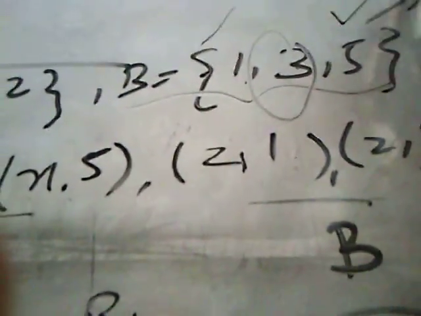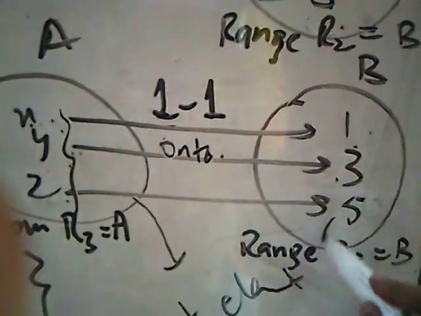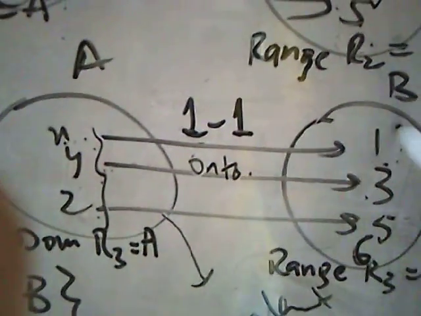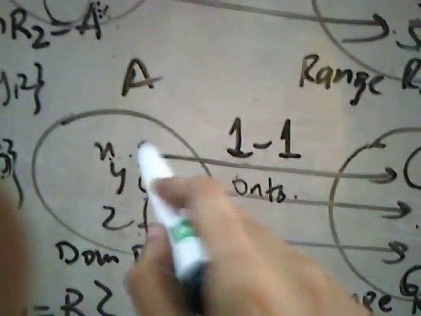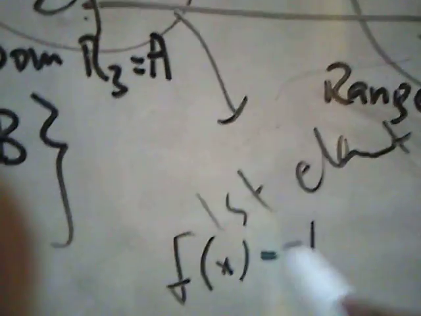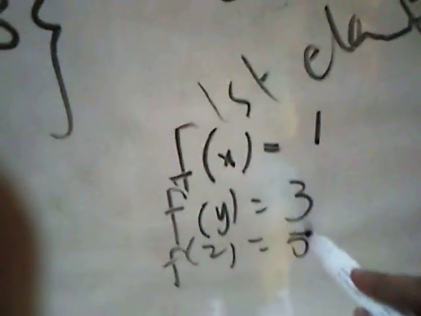If for example there is another element 6 in set B, 1, 3, 5, 6, and you are mapping it like this, x is mapped with 1. This 1 is known as the image of x. It is represented by f of x equals 1, f of y equals 3, f of z equals 5.